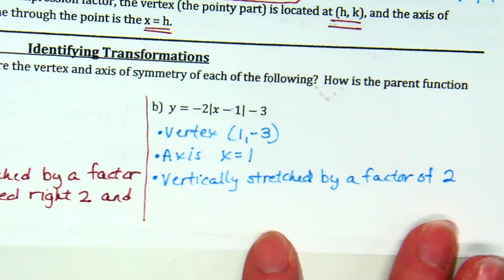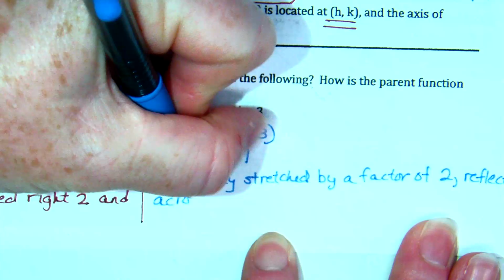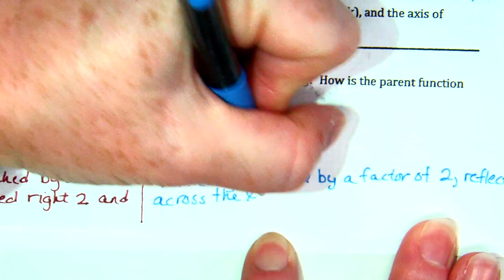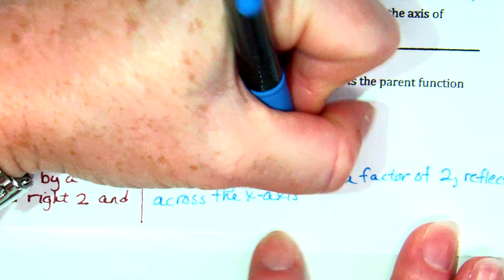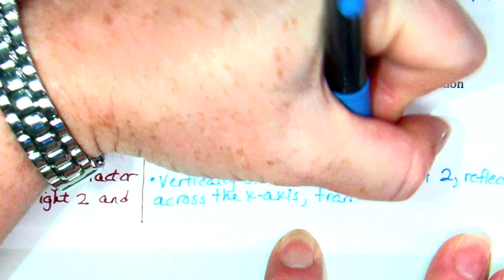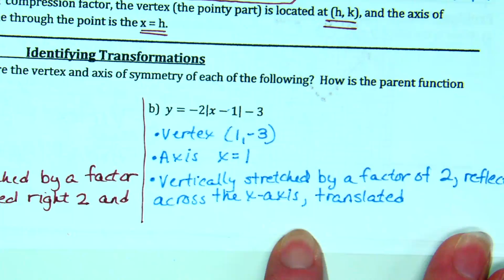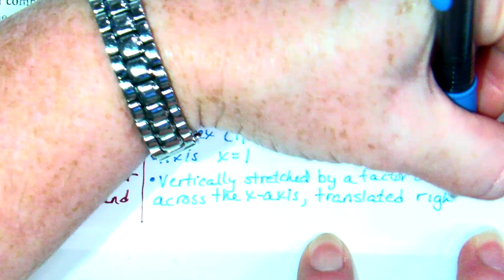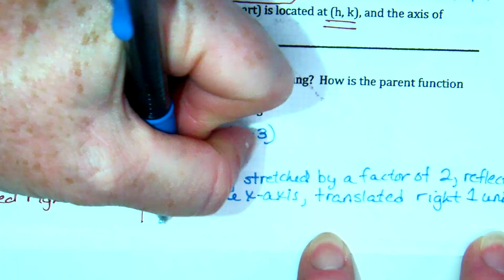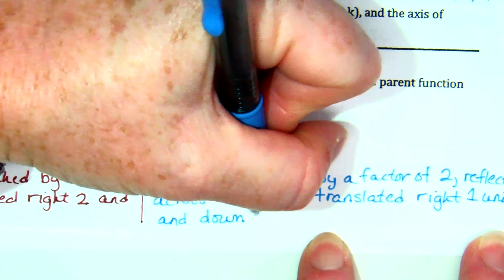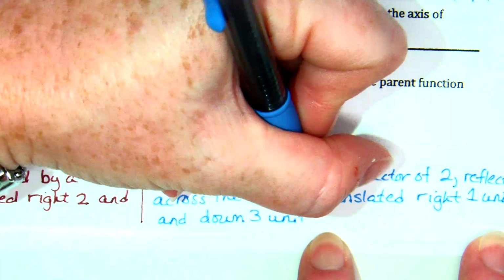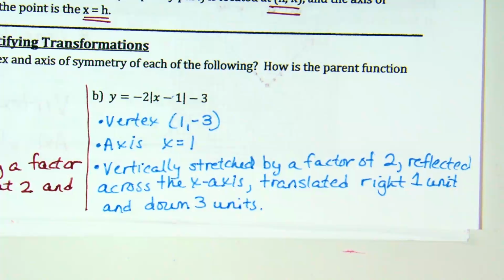So vertically stretched by a factor of 2, reflected across the x-axis, translated, where did we say we were going? Right 1 unit and down 3 units. You've got to be able to put it into words, guys.